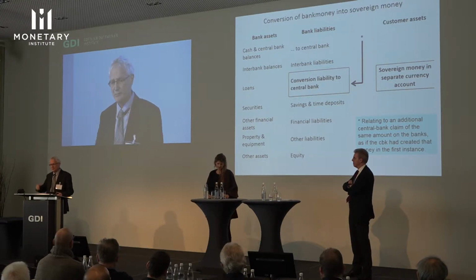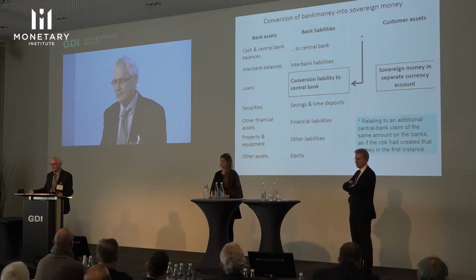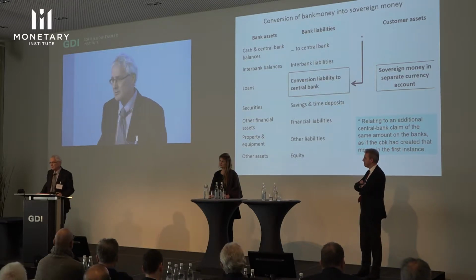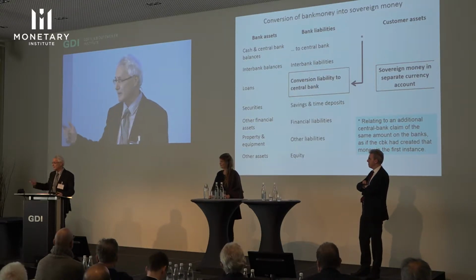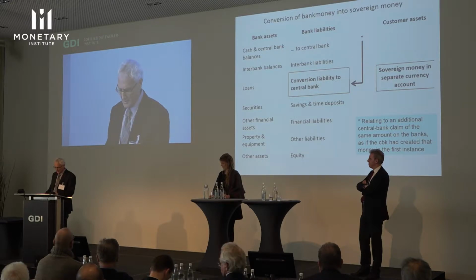So banks would have a huge windfall profit, and that's the reason why they will have to pass that money back to the central bank, and the central bank then can immediately bring newly created sovereign money into circulation.